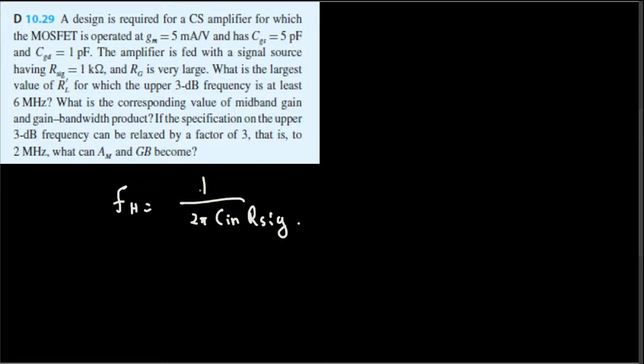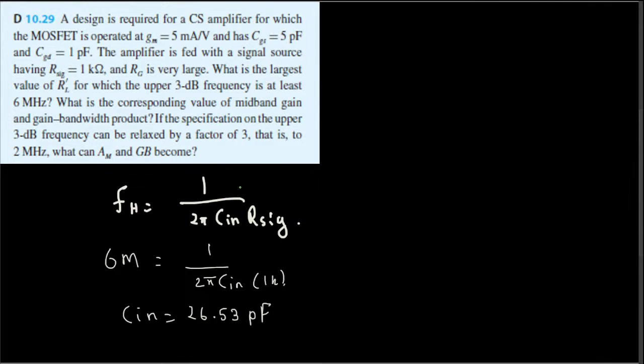So we just plug in all the values provided. Here fh is provided to be 6 megahertz, and that is equal to 1 over 2 pi, Cin is what we are trying to solve, and Rsig is provided to us, that is 1 kilo. Rearrange and solve for Cin, which gives us 26.53 picofarad.